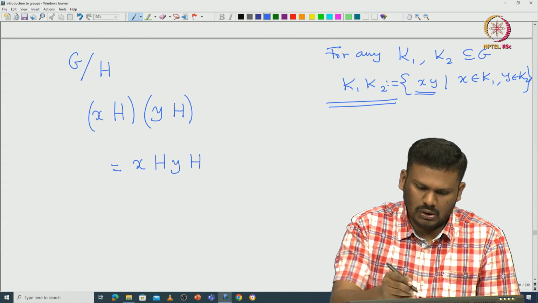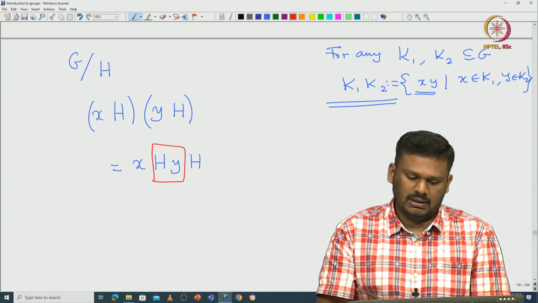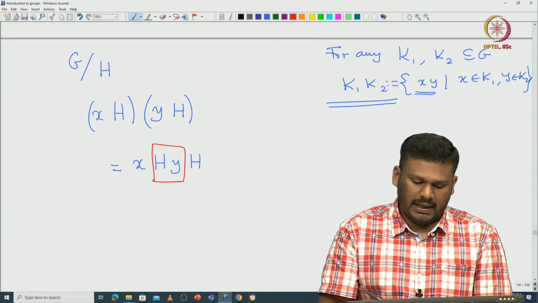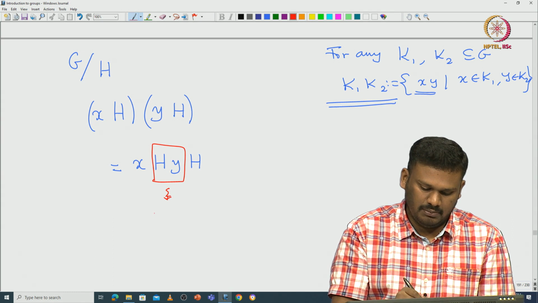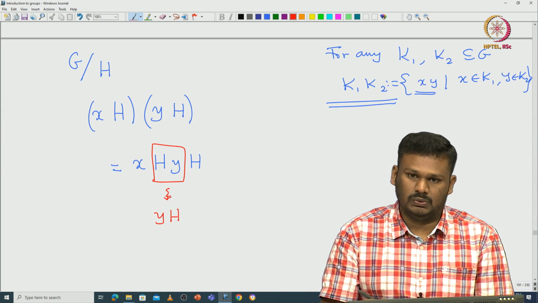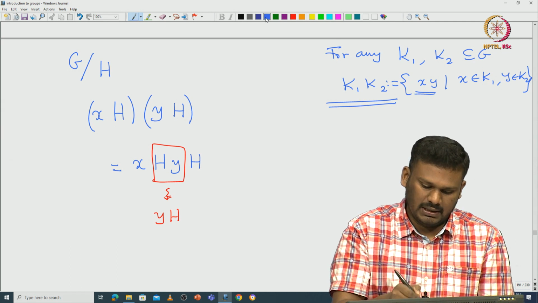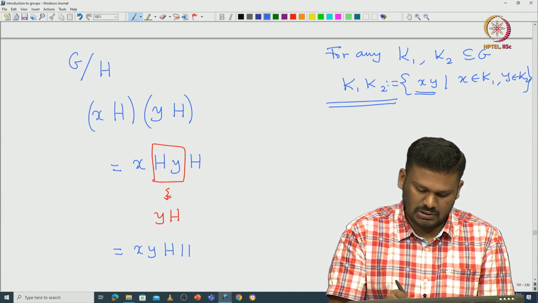Note that this Hy that is there in between, unless I commute these two, unless Hy becomes yH, I will not be able to pass through. Unless this happens, this will not be equal to xyHH.